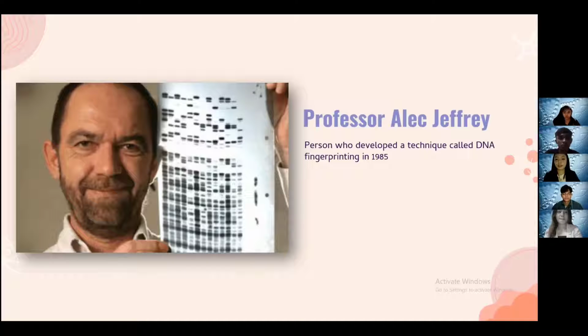Professor Jeffreys recognized that the repeating sequences could be highly variable, informative genetic markers. His group developed a radioactive probe made up of short sequences that could latch onto those repeating sequences and ultimately reveal patterns that were unique to each individual, a DNA fingerprint.